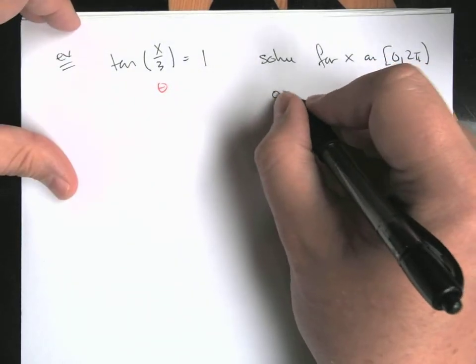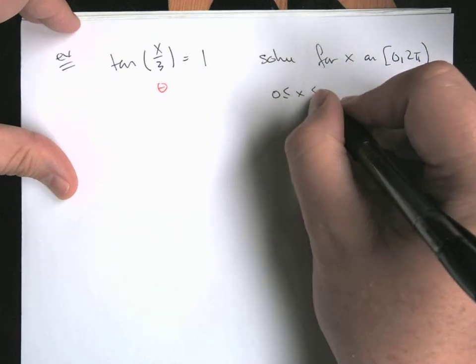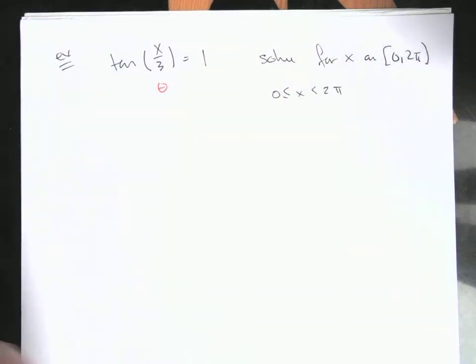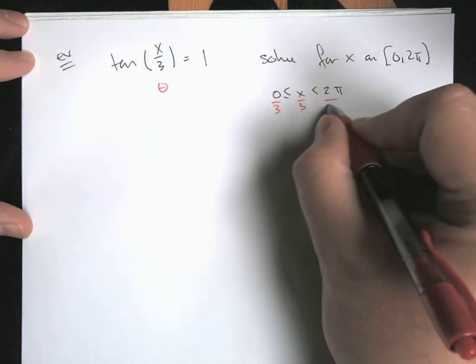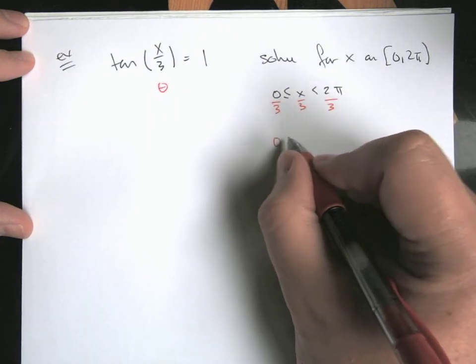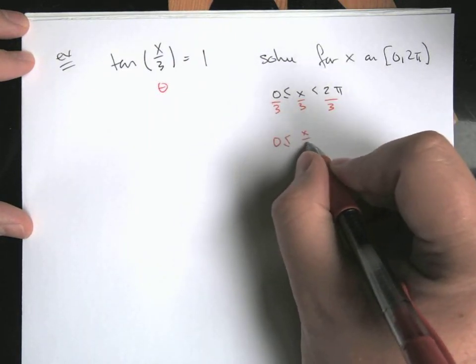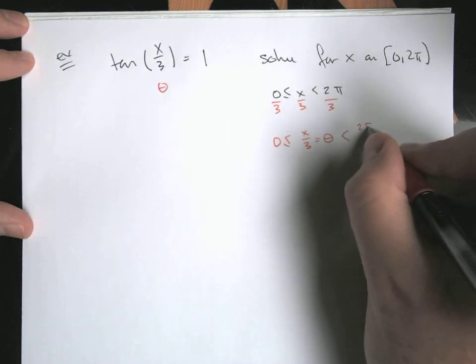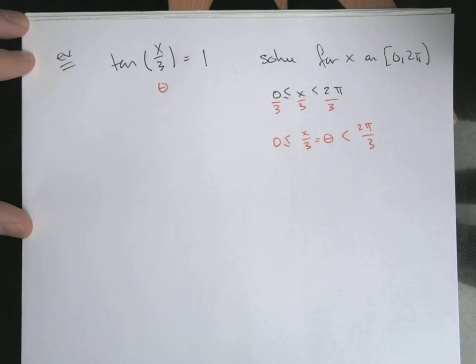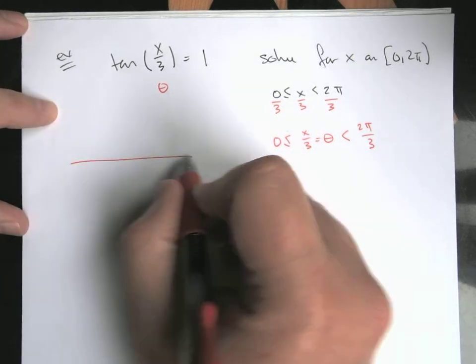If I set this up, x goes between 0 and 2 pi. If I divide everything here by 3, that's still 0. X over 3 is essentially my angle that's actually going into the tangent function. And then this only goes to 2 pi over 3. Where is 2 pi over 3?